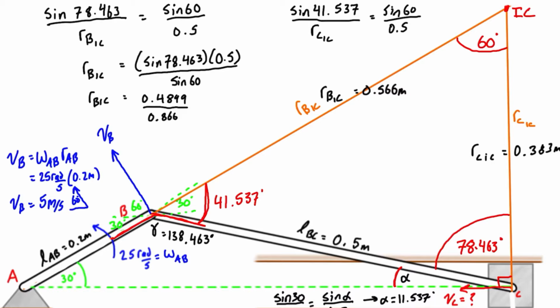We'll bring this one over here, and we can bring this one right there. So now all we need to do is plug in these equations into our expression that relates the tangential velocity about point IC, the instantaneous center, to the angular velocity and the radius.